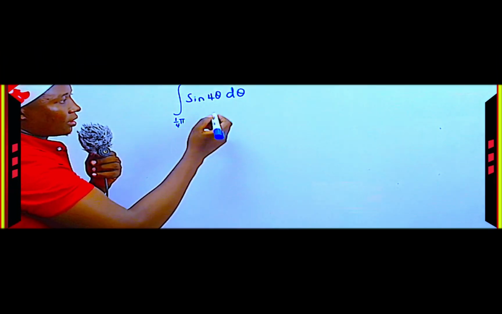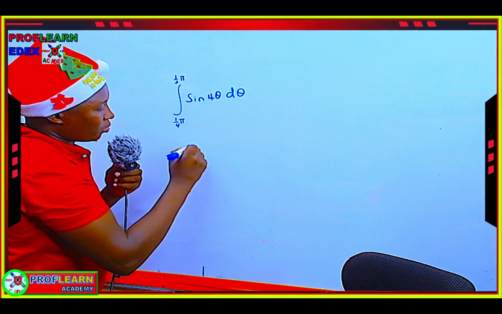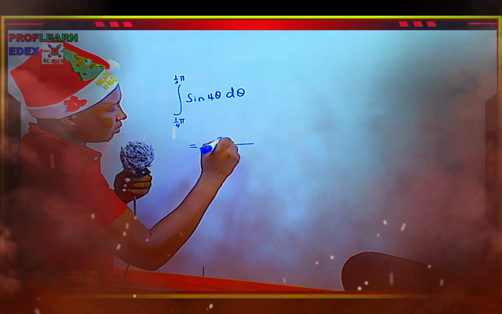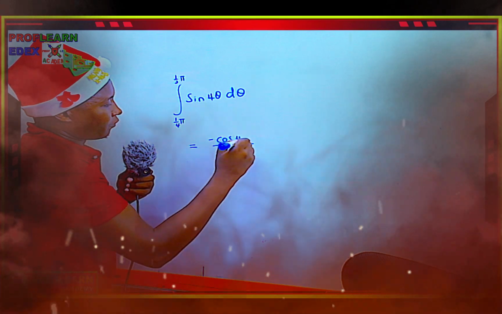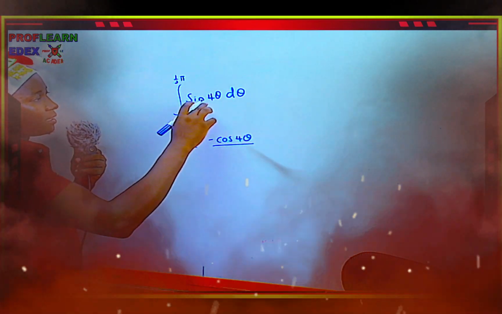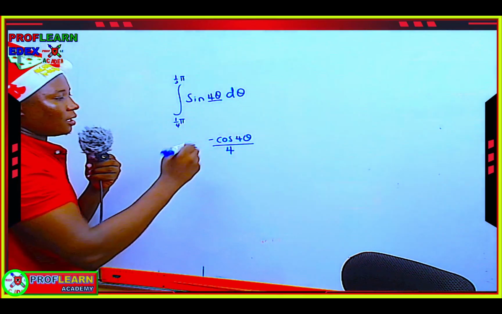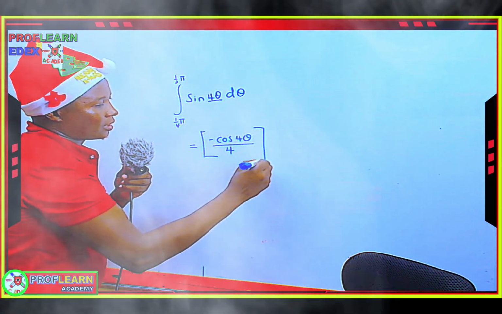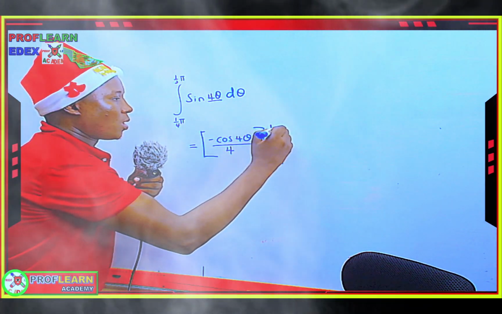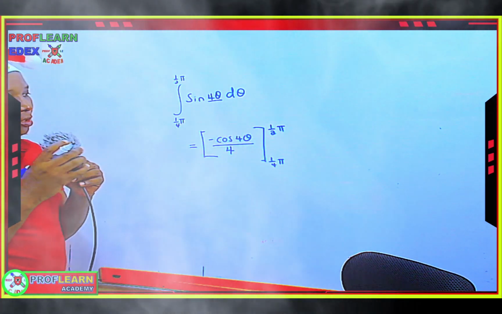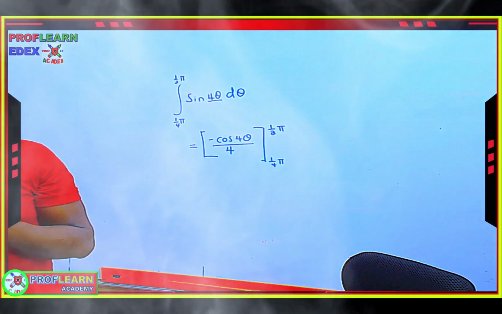Now, the first thing that you ought to understand is that when you integrate this, we are going to have negative cos 4 theta. Then differentiate whatever you have inside here, you divide it down here. So we are going to do our integration from 1 over 4 pi all the way to 1 over 2 pi, meaning we're going to substitute whatever we have into the question.